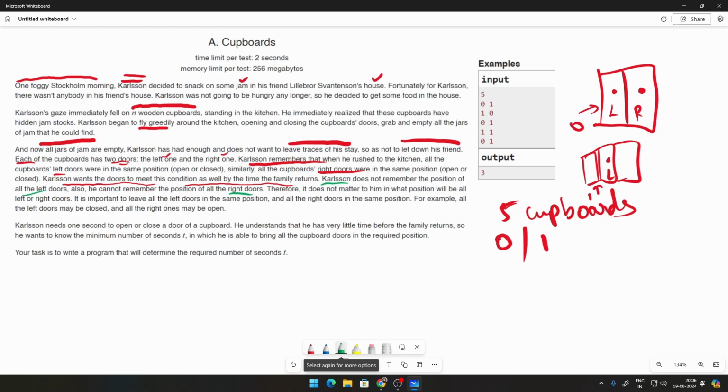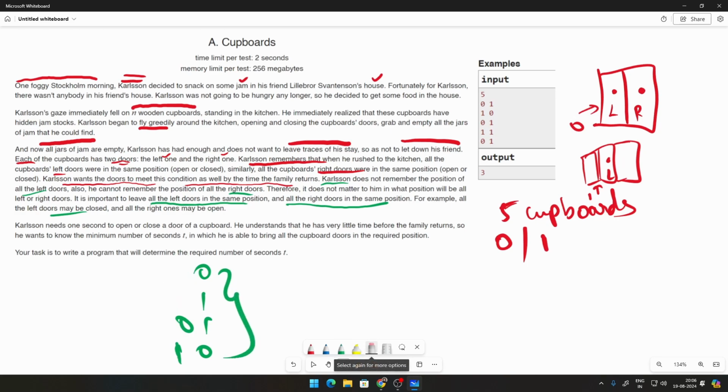Therefore, it does not matter to him what position all the left doors or right doors will be in, but it is important to leave all the left doors in the same position and the right doors in the same position. Left doors may be closed, right doors may be closed, left doors may be open, right doors may be closed. That's up to us. So there are 4 different combinations. All left doors can be closed, all left doors can be open. It can be like this or like this. These are the 4 combinations, and all of the doors should be 0 or 1.